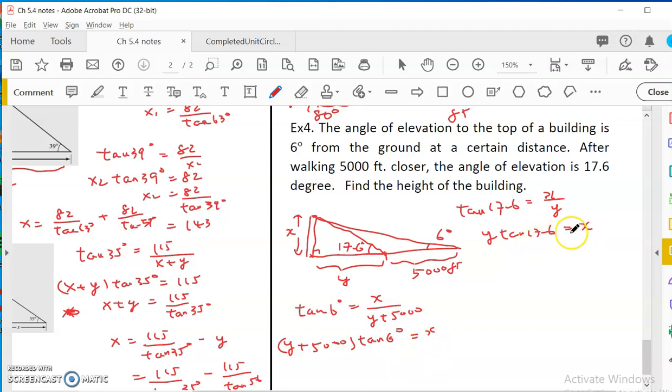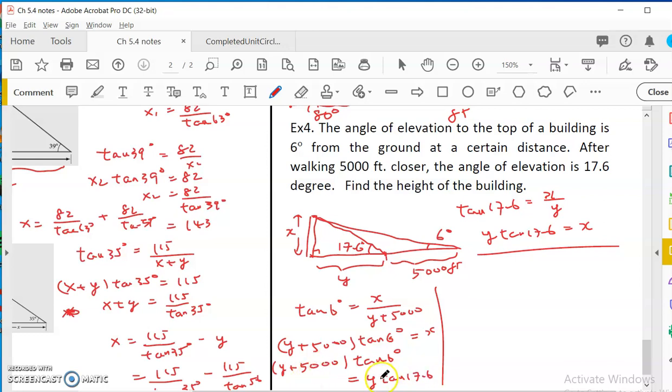You see both of these equal x, so I'm just going to equate the two. I plug in x on this side, so I would have y plus 5,000 times tangent 6. Actually, I can just distribute. That would equal y times tangent 17.6.